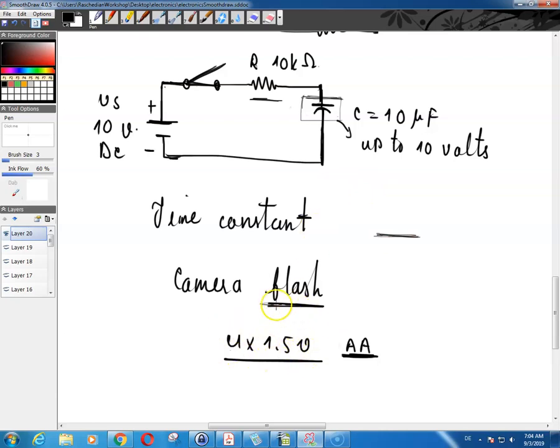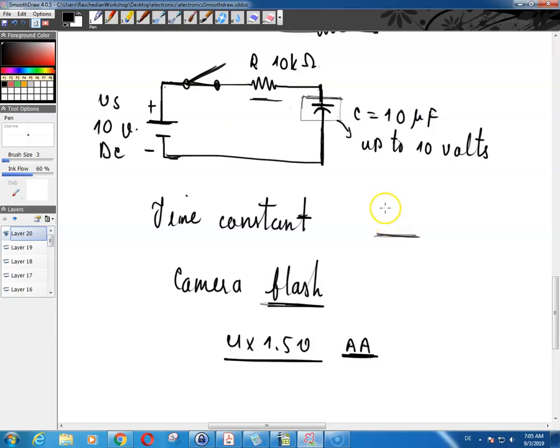But the problem is that the batteries cannot do it instantly. It's going to take the batteries some time to do that. So what we do is we take those 4 batteries and connect them to this capacitor. The capacitor will charge the required amount of charge inside itself, and then that charge is ready to be discharged into the light mechanism of the flash.